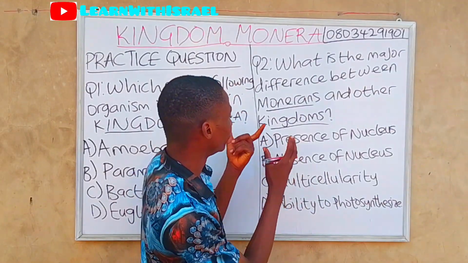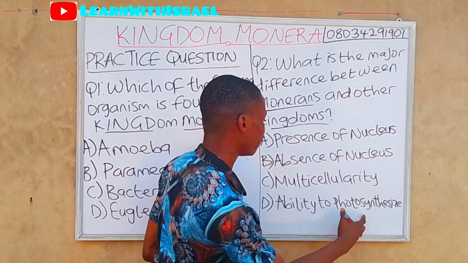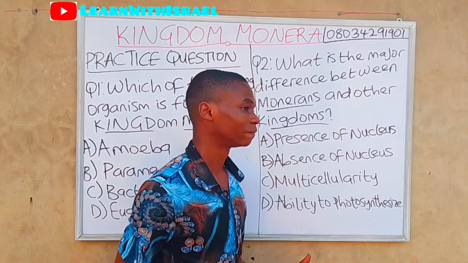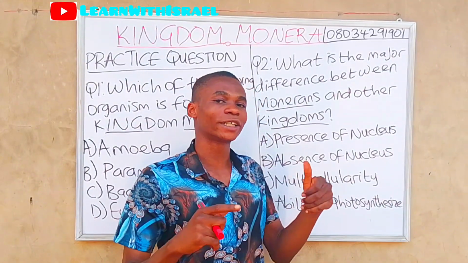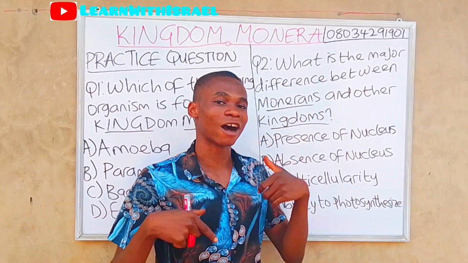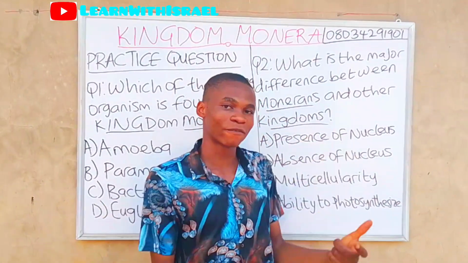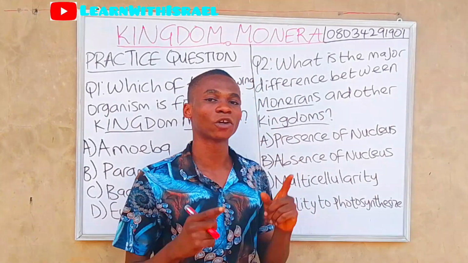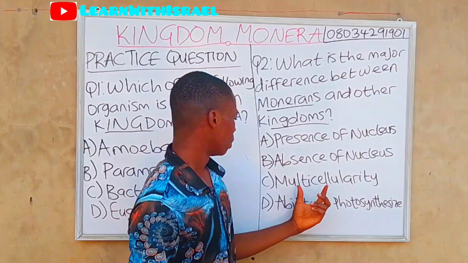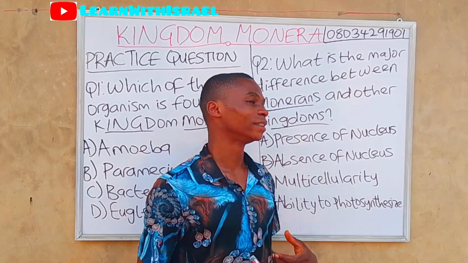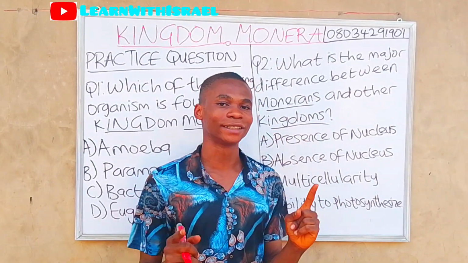So what is the major difference? Let's start from option D, ability to photosynthesize. No, because not all Kingdom Monera can photosynthesize. And photosynthesize means to manufacture their own food by themselves in the presence of sunlight. Option C, multicellularity. It also means multicellular organism.